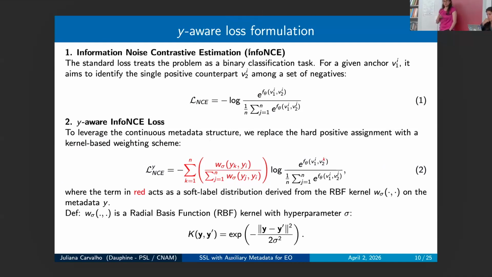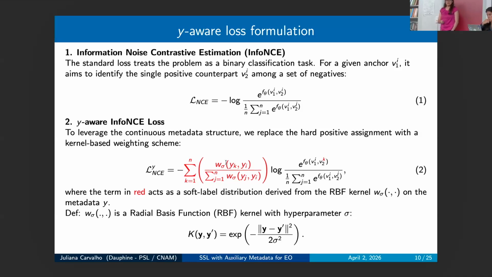And instead of just doing this hard assignment, they introduce this red term here, which acts like a soft labeling, where you can push together images that share similar metadata.